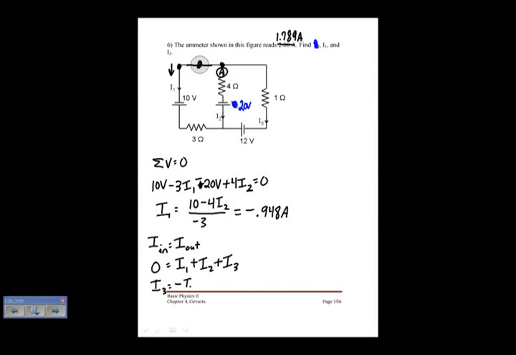So it's equal to negative I1 minus I2. And that's equal to, excuse me, positive 0.948 minus 1.789. The positive is because I1 was negative, and when you put that I1 back into the equation, you have to retain the sign that it had. Okay? We'll deal with the signs in just a moment. And that tells me that I3 is negative 0.841 amps.